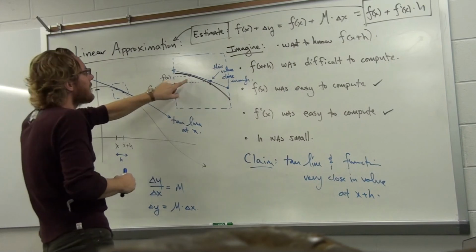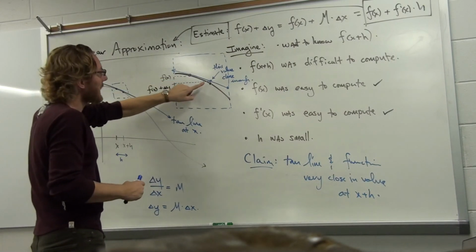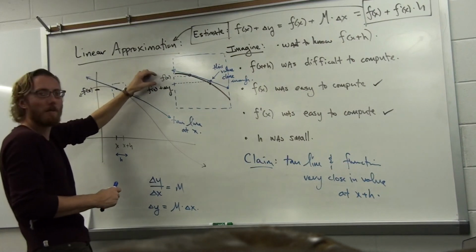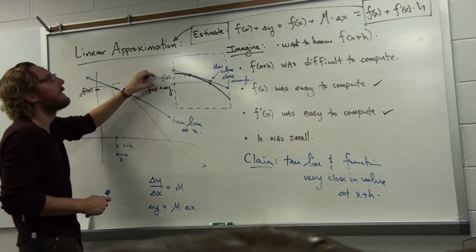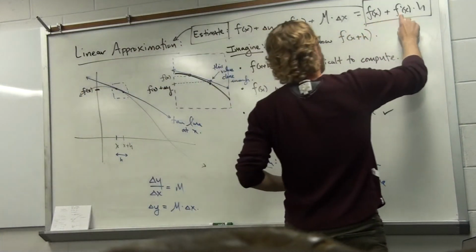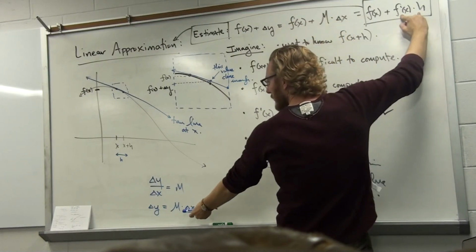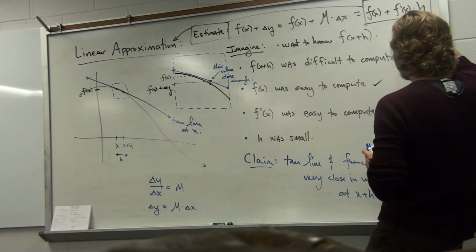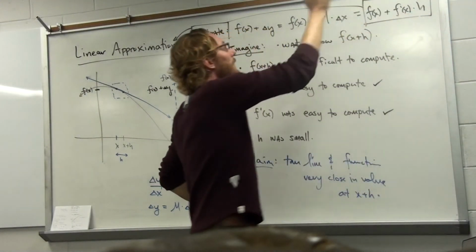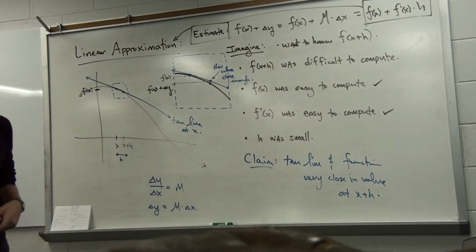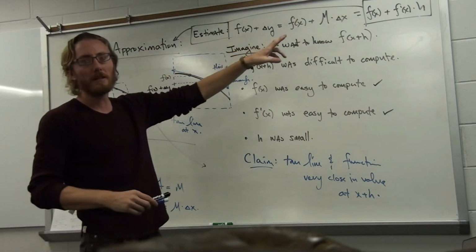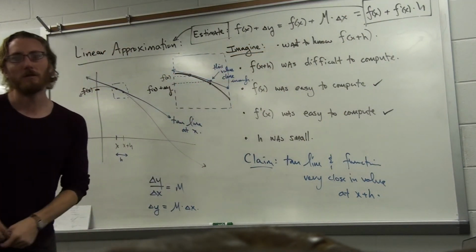The value along our tangent line is just our original value at x plus some difference in y, and that difference in y is going to be, using our slope formula, just our slope times our change in x. Our slope is our derivative, our change in x is our h. And the long story short is we can always approximate along a tangent line using this formula, and we'll find this very useful, as we'll see.